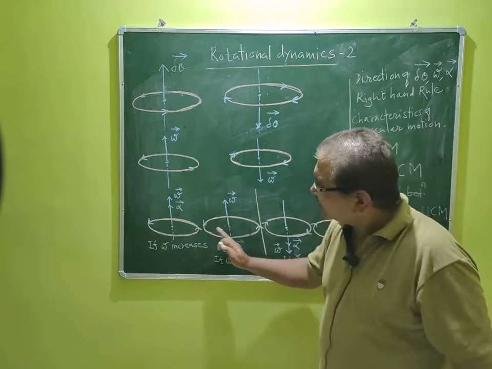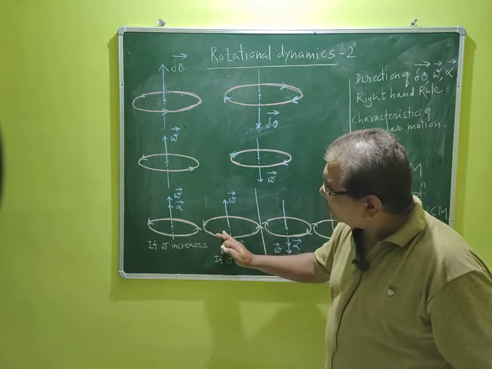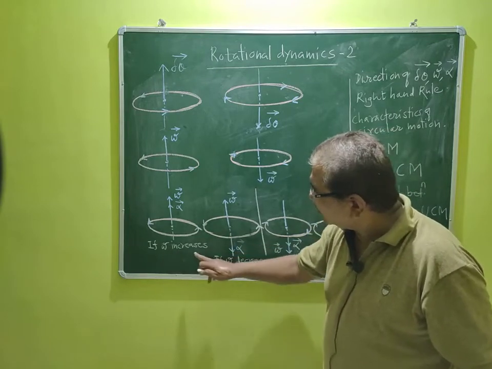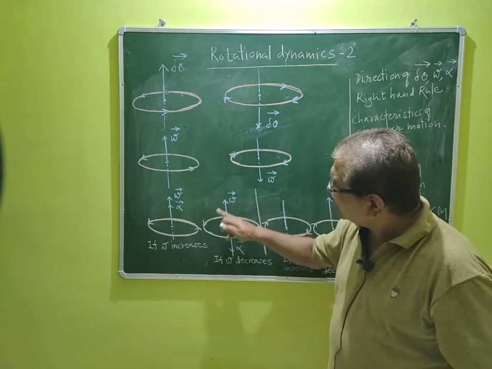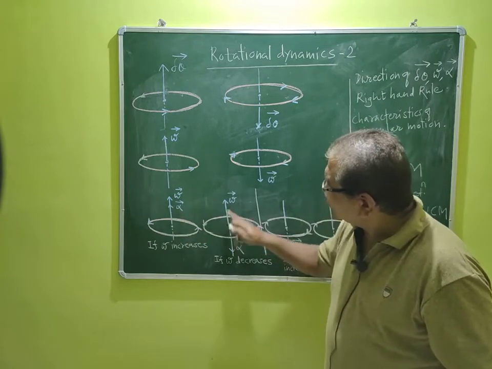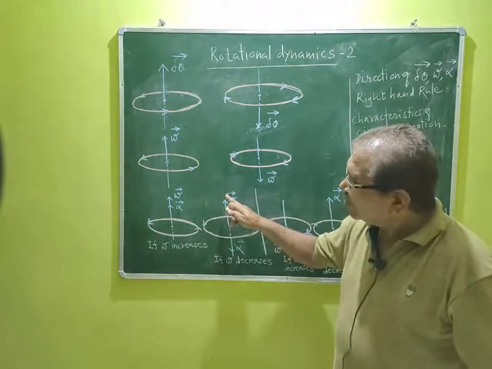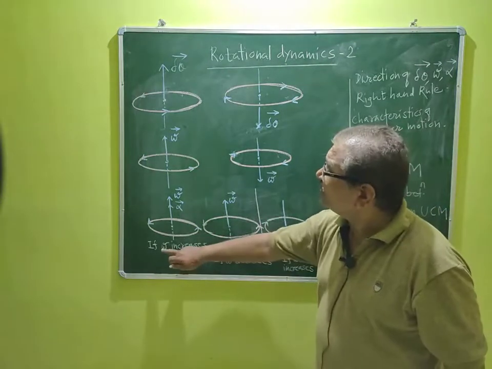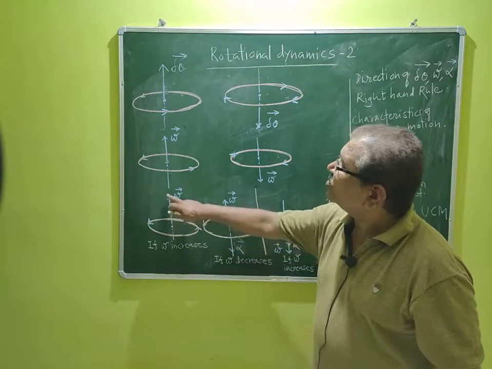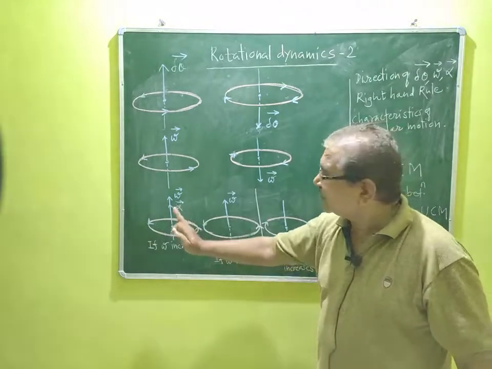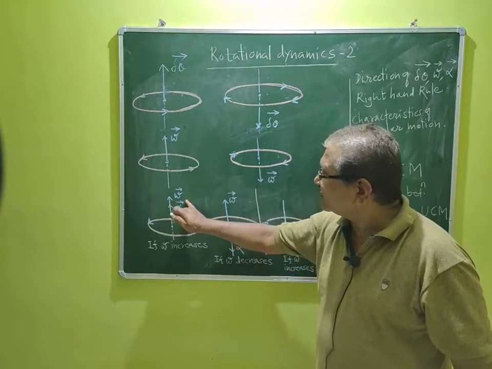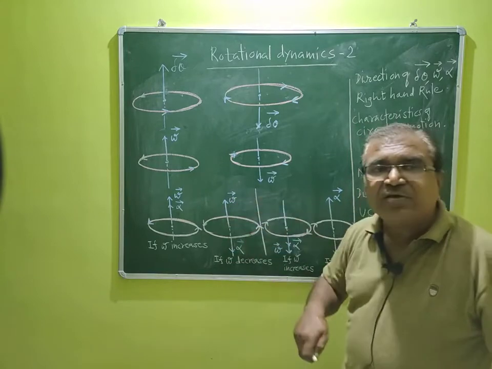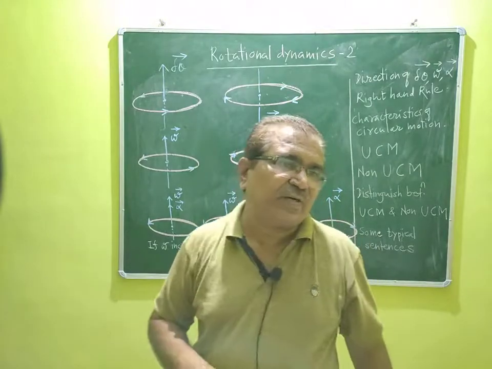In these two diagrams, for a particular direction of circular motion, which is anti-clockwise, though omega increases or decreases, the direction of the angular velocity remains the same, upward, but the direction of the angular acceleration does not remain the same. At the time of increasing angular velocity, the direction of the angular acceleration is upward, along the direction of the omega vector. At the time of decreasing angular velocity, the direction of the angular acceleration is downward.